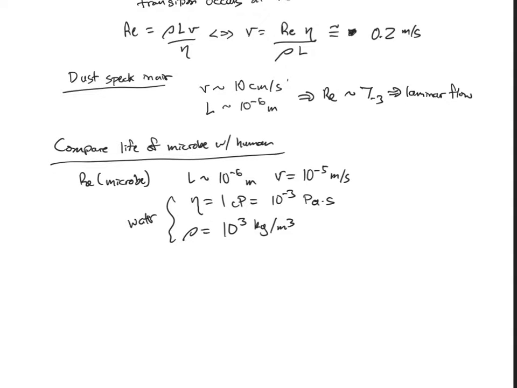If you plug in all the numbers, Reynolds number equals rho LV over eta, you get about 10 to the minus 5 for a microbe. So like the dust speck, because it's small and moving relatively slowly, it's very much in the laminar flow regime.